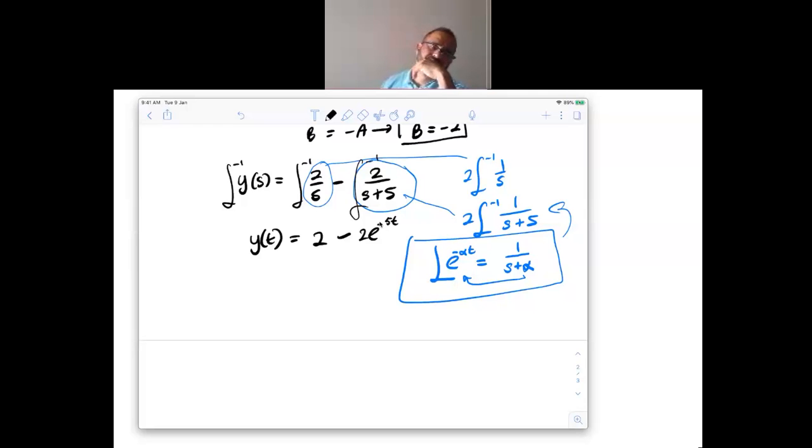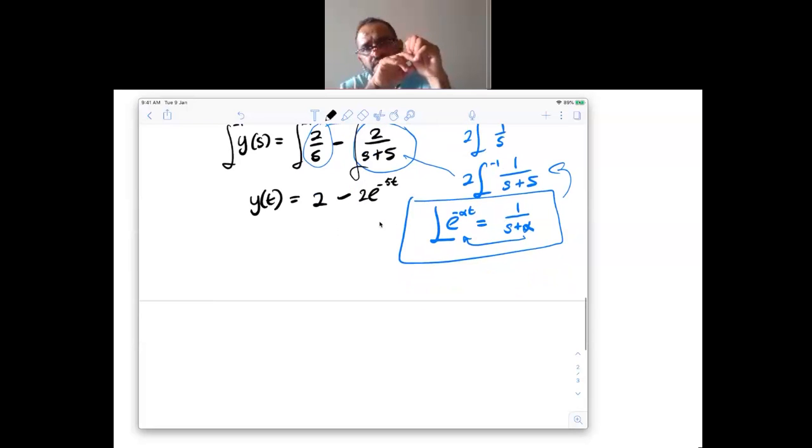Okay, when you go back later on, when you have your free time, go on and find out about this. All right, so in this case, the response y(t) is equals to 2 minus 2 exponential of minus 5t.